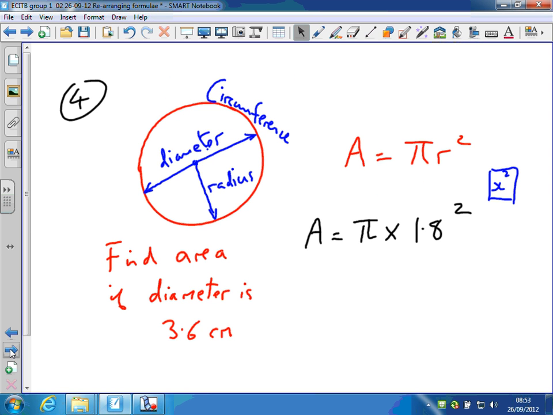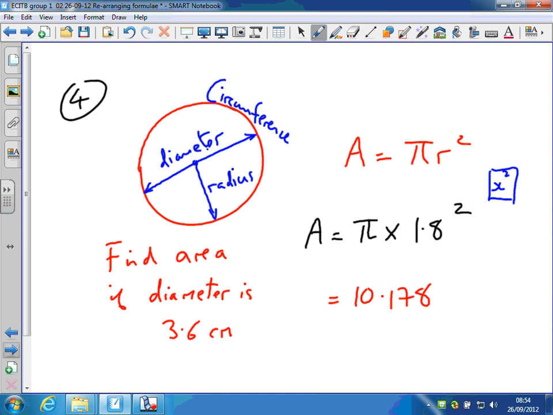Next question we made a start on. So you key the numbers into the calculator literally as it says. If you've got these logical calculators, pi, the pi button, times 1.8 squared equals. Daniel, you had my calculator, didn't you? 10.178.